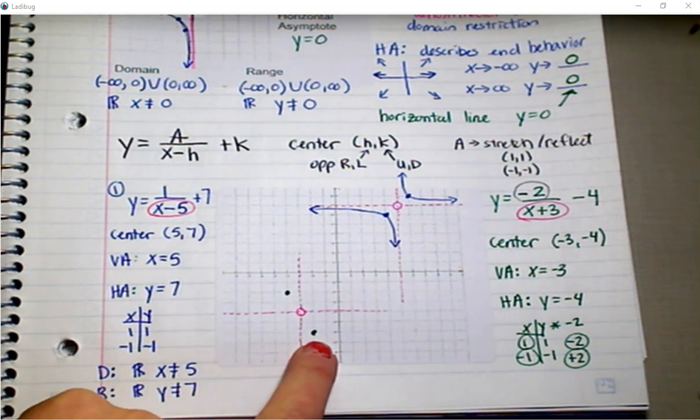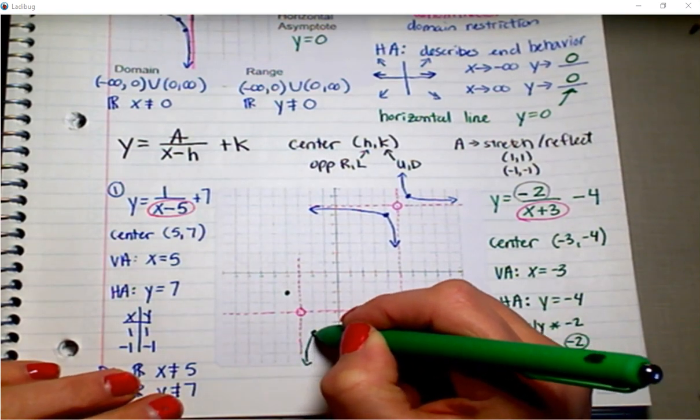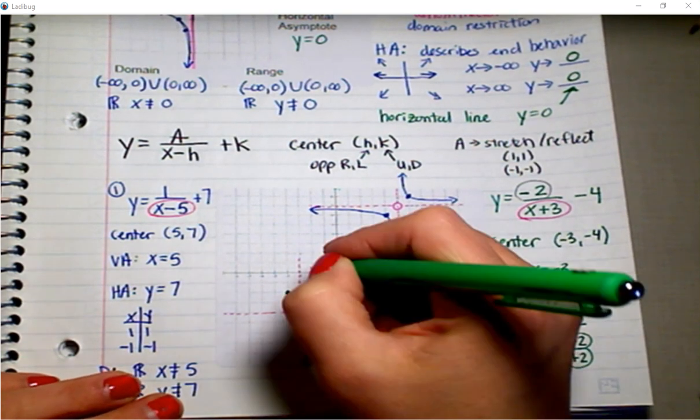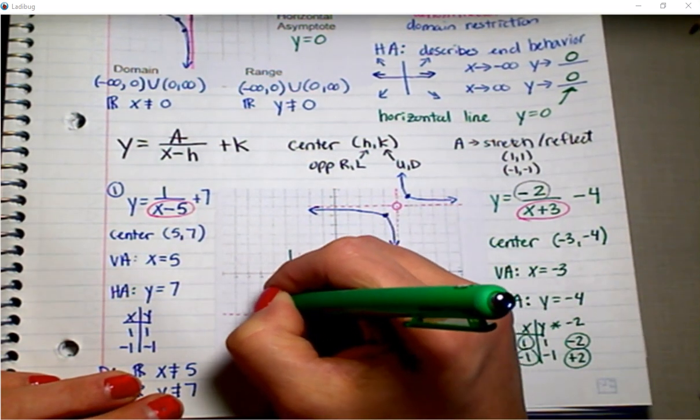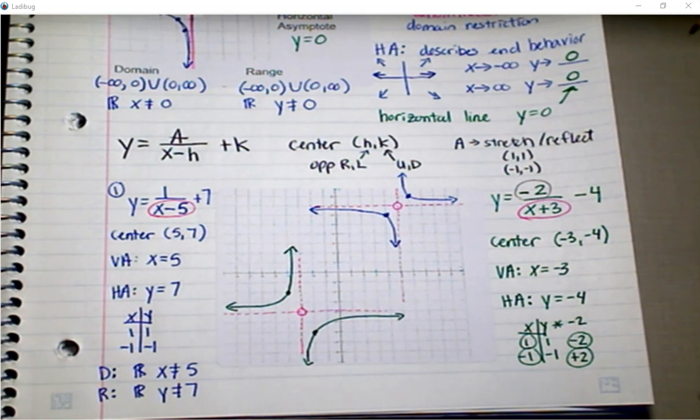This point in the bottom right means I'm going to stay in the bottom right section as I draw my curved shapes. Okay, pause until you're able to get these 2 graphs down.